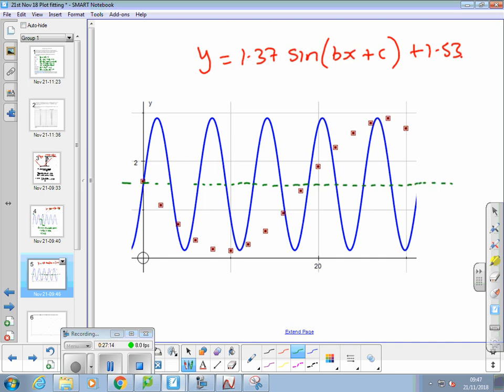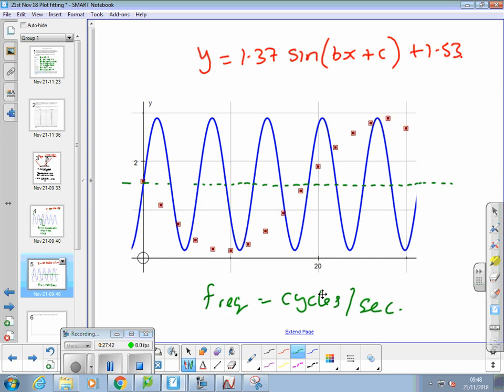There's a centre line, roughly. Looking at the data, there's a few things we know about frequency. Frequency is cycles per second, measured in hertz.